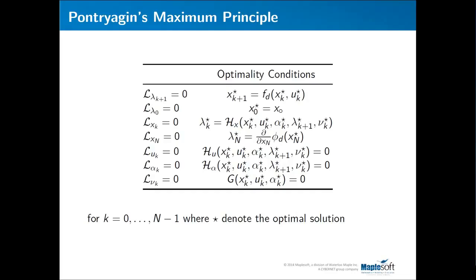That includes the partial derivative of the Hamiltonian with respect to u, and the partial derivative of the Hamiltonian with respect to alpha, which is the vector of slack variables, and also the original equality constraints that we had in the optimization problem, capital G equals 0.